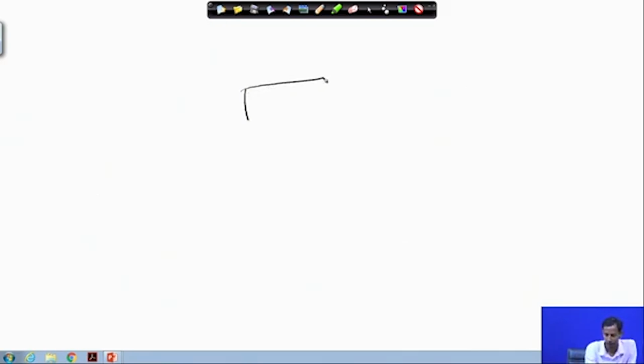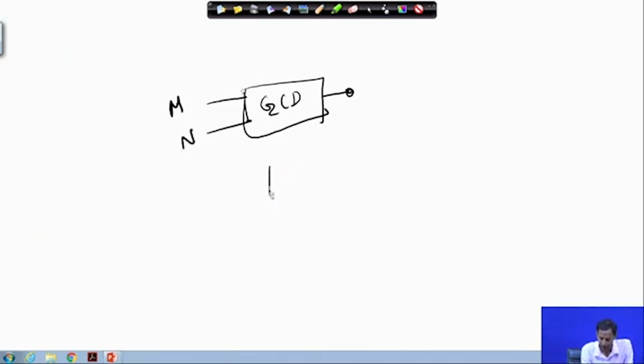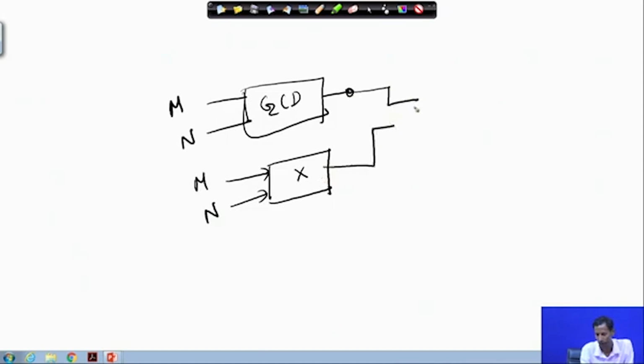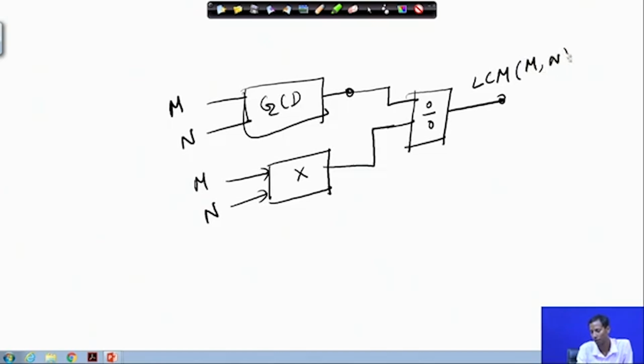I have this GCD circuit, where I put m and n. I need another multiplication operation, and if I add a divider circuit which gives me m times n divided by this GCD, then I can find the LCM of m and n.